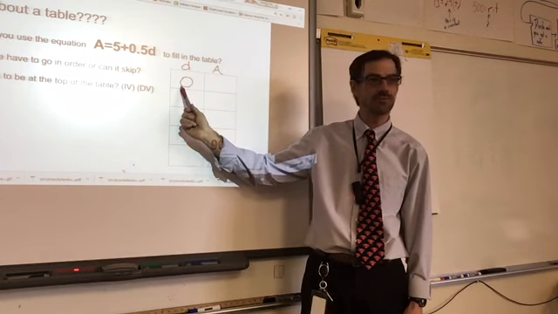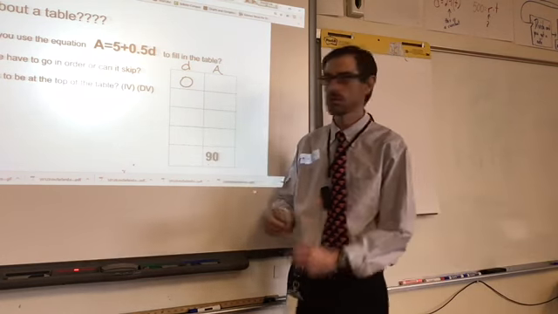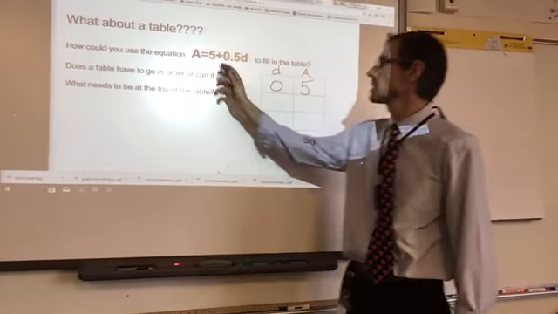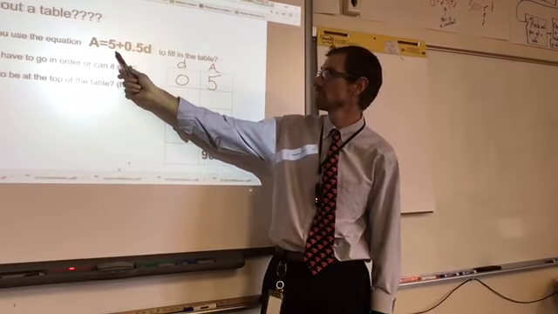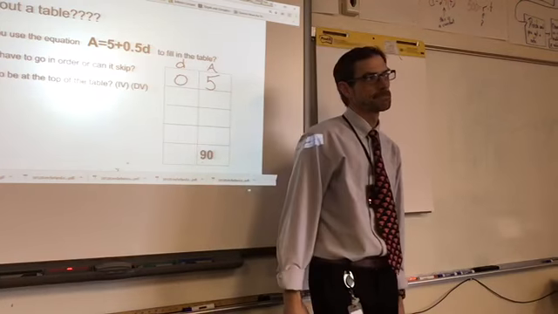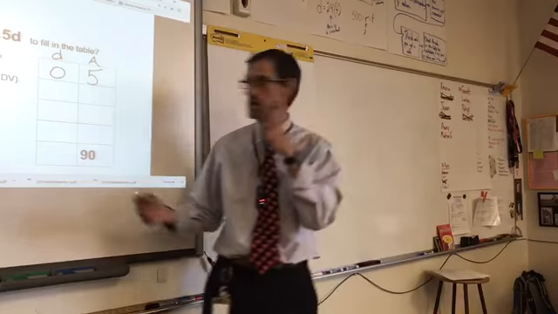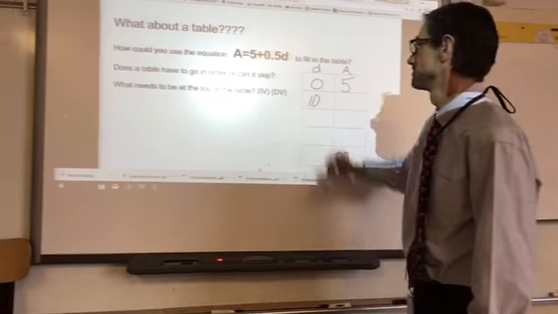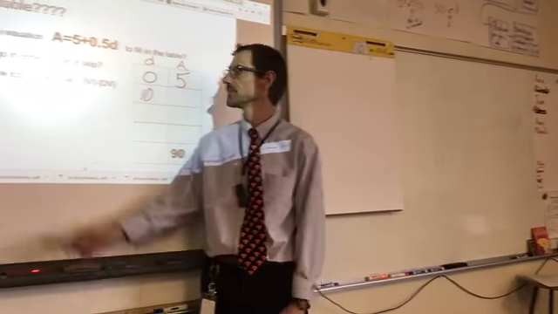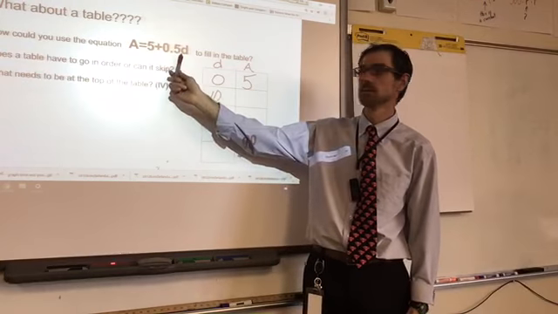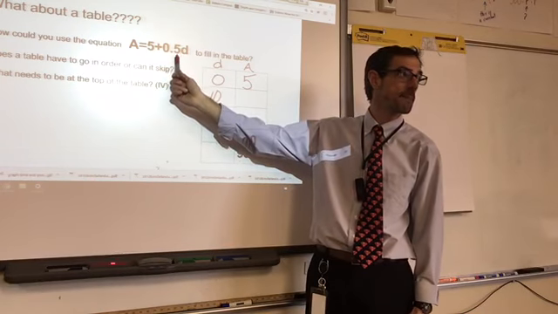So if I put 0 in for D, what do I get out? 5. Because I put 0 in here, that turns to 0, and I get 5. So I'm just going to pick another one, and I'm going to go 10. I put 10 in, and Lola, what do you get?